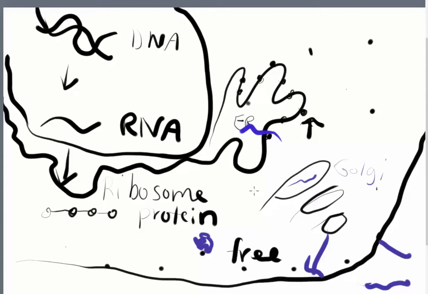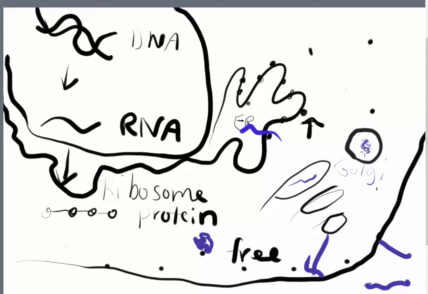So when they're finished being modified within the Golgi, they'll be sent to wherever their final destination is within the cell, but in a special little bubble called a vesicle that will act like a little jail, basically, to take that protein wherever it's supposed to go. So that finished product, that dangerous digestive protein, is never allowed to just float around inside of the cell.